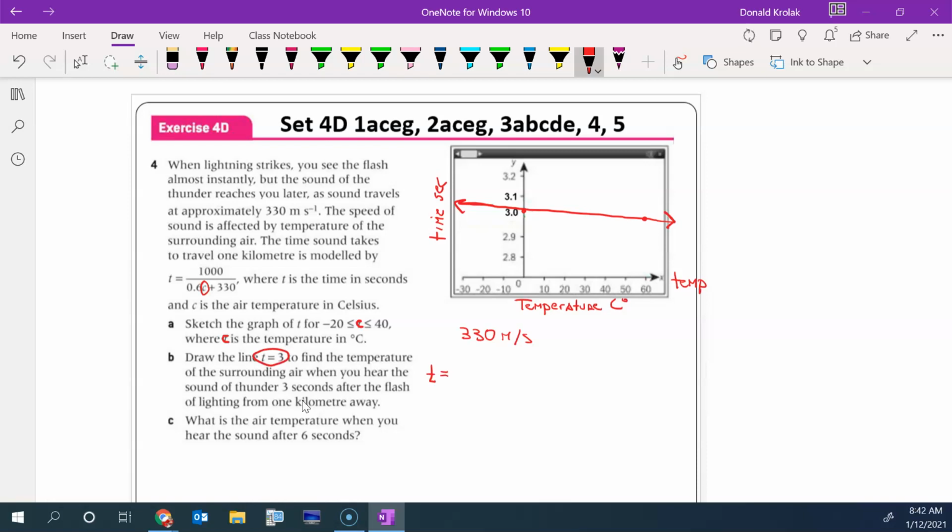Is that going to be a horizontal or a vertical line? Horizontal, because this is on the y-axis. So you're drawing a horizontal line at y equals 3.